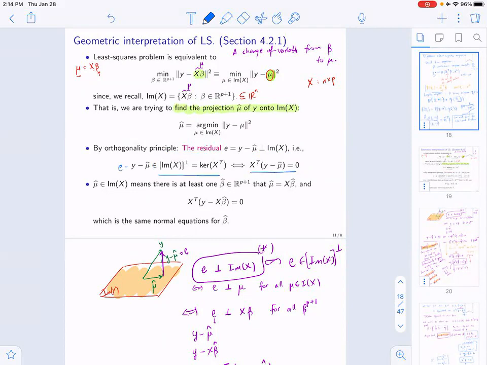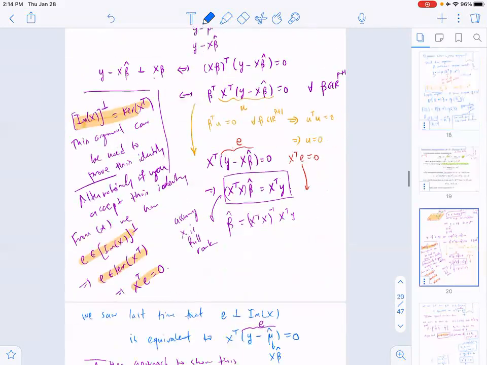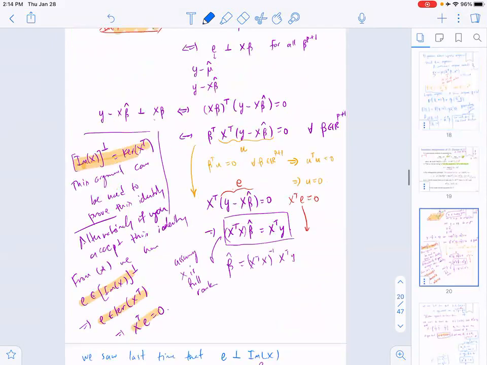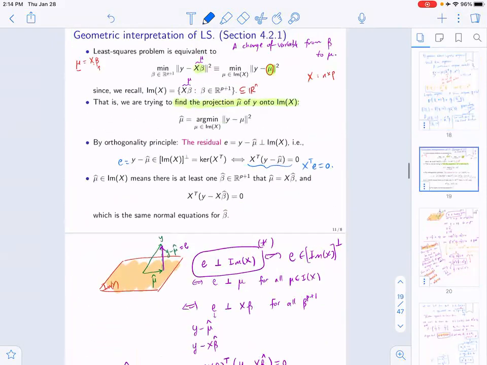So this is E, and this is saying X transpose E is 0. If you don't remember this, you can just derive it. We did it another way last time, and we arrived at the same conclusion. Then once you have this, you replace mu hat with X beta hat, and you get the normal equations.